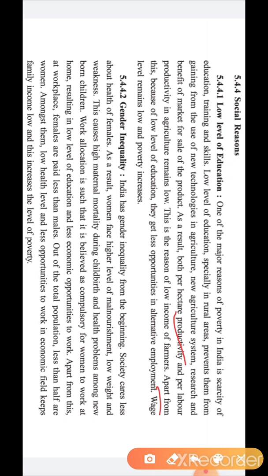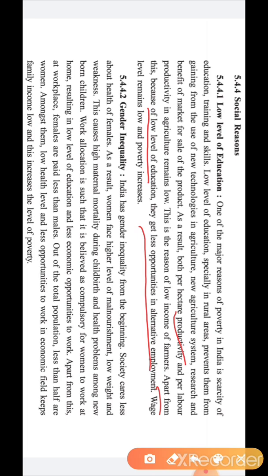Apart from this, because of the low level of education, they get fewer opportunities in alternative employment. They are not able to get employment in some other job.